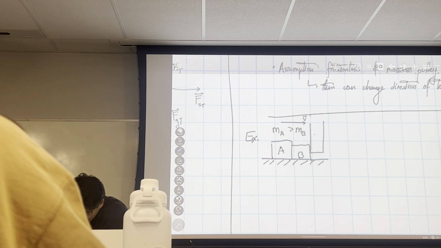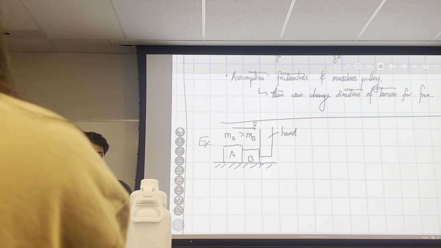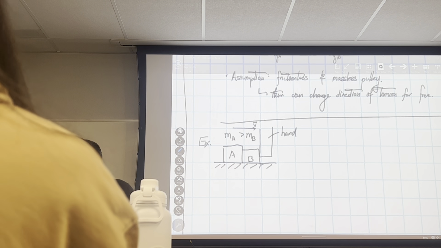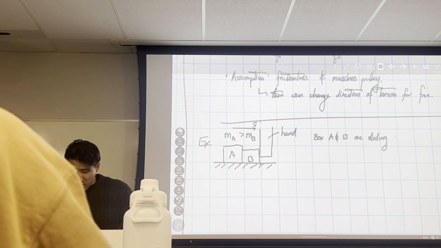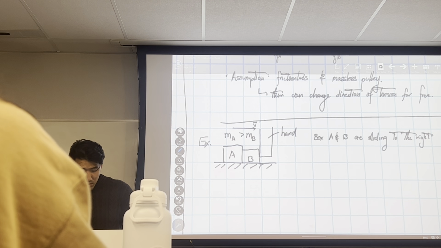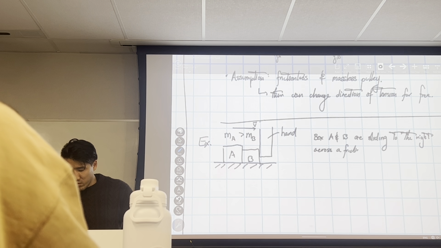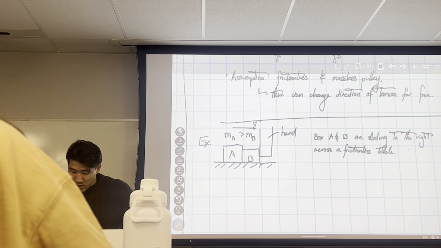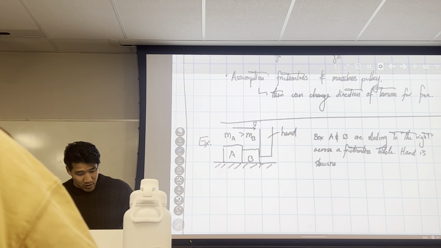But, and this will be your hand, your hand is going to be slowing the boxes down. So we have boxes A and B sliding to the right across a frictionless table. The hand is slowing them down.